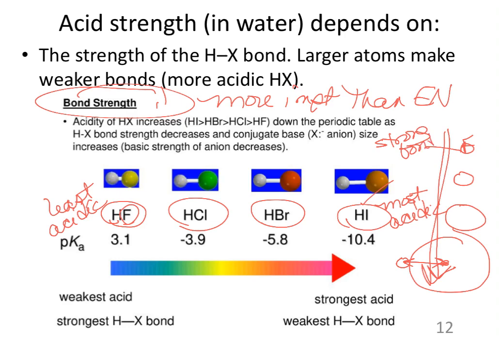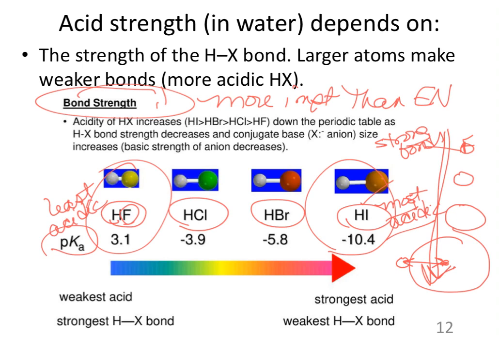So even though fluorine's very electronegative, that bond strength with the hydrogen ion is so strong that it doesn't want to let go. And so we haven't talked much about pKa. It's kind of like pH, but the bottom line is that HI is the most acidic and HF is least acidic, okay?